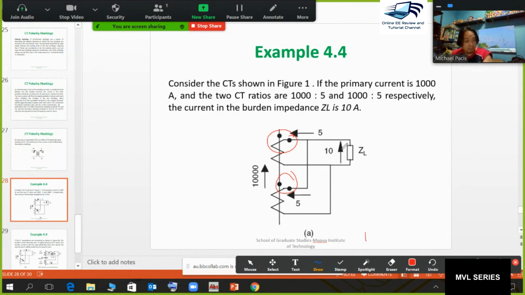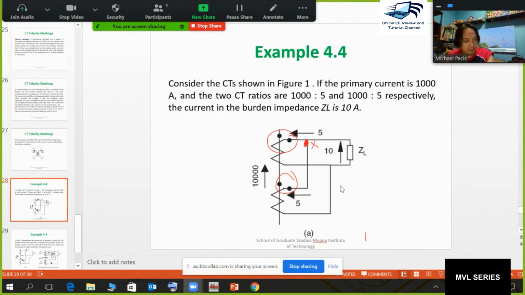Definitely, this 10 ampere here is dependent on the result at this node. The 10 ampere is simply equal to 5 plus 5 by KCL: current entering equals current leaving. You enter at this node, and the leaving currents are 5 and 5. So that is equal to 10. You already have an idea that the current at the burden impedance is 10 ampere.